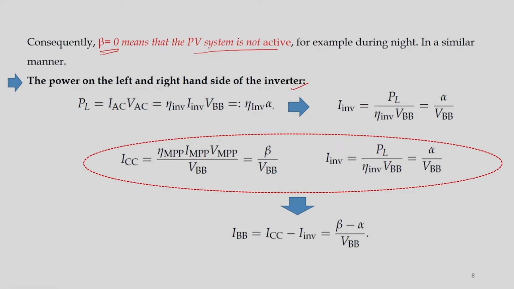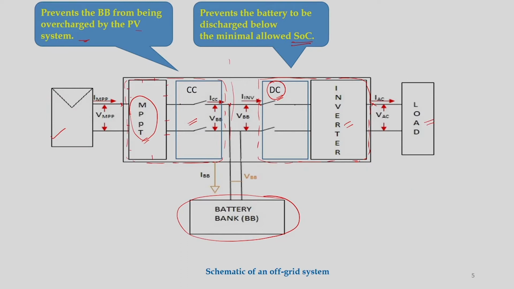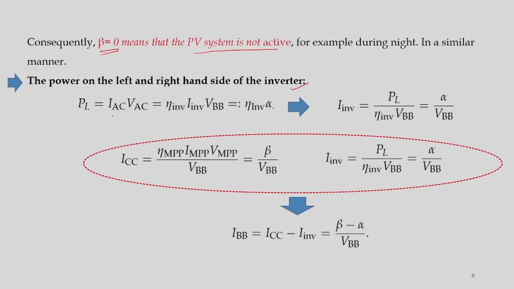So, the power on the left and right hand side of the inverter. If you go back to the slides, you can see this is the inverter. This side is I_AC into V_AC, the AC current and AC voltage, and this side you need to consider the efficiency of the inverter, which is known to us.